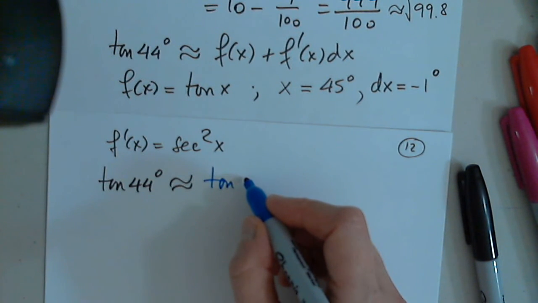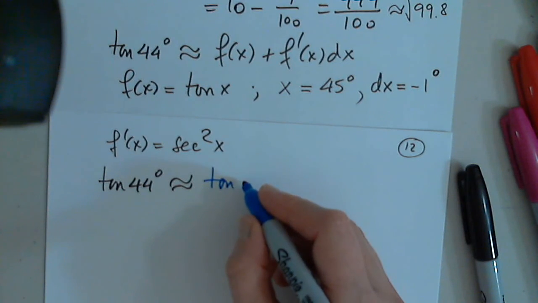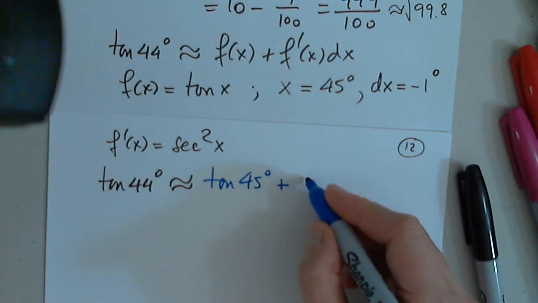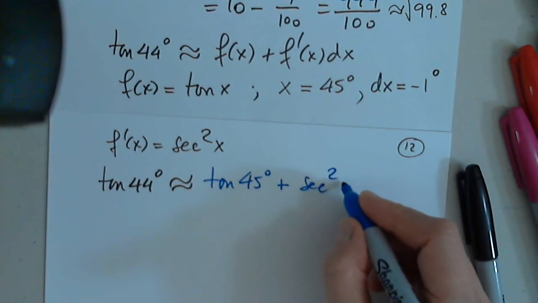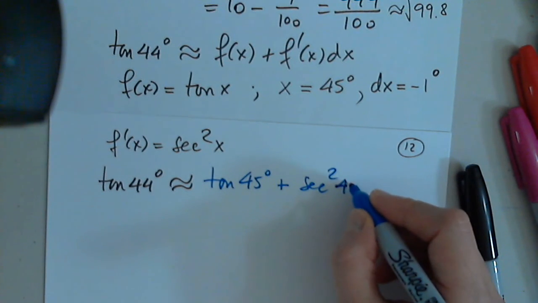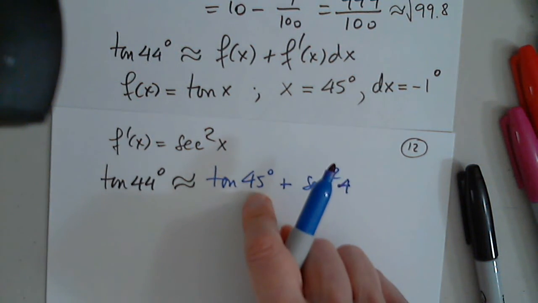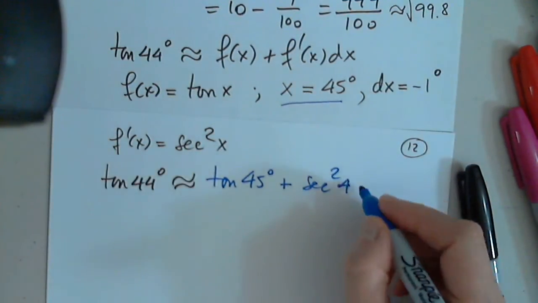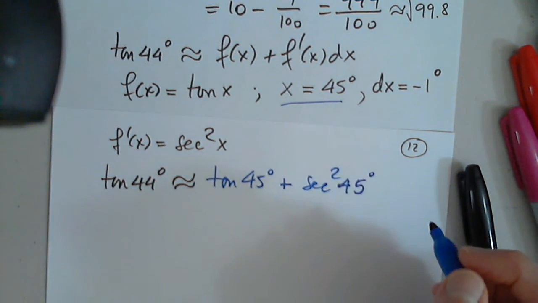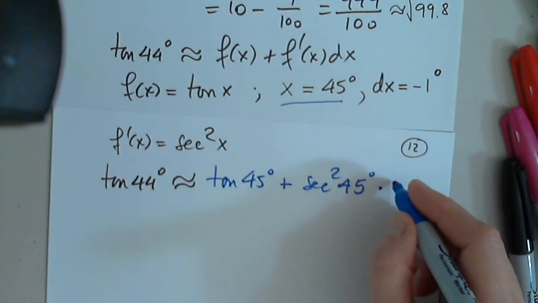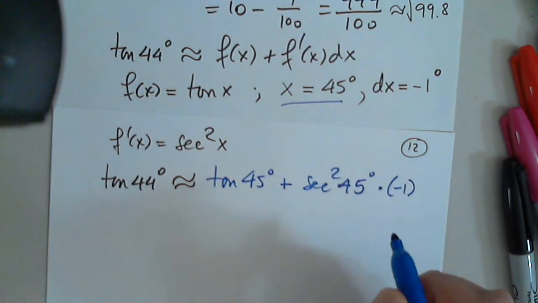Plus. 45 degrees. Good. Plus? Secant squared of 45. I cannot have x here 45 and x here 44. If x is 45, it has to be 45 everywhere, right? Yeah. And multiply by dx. Negative 1.